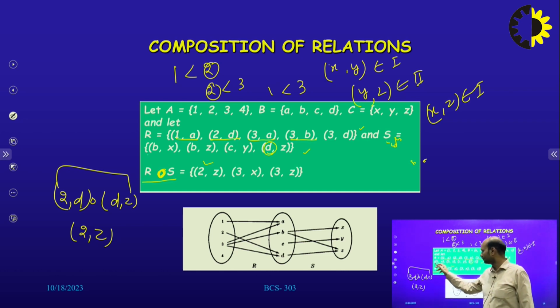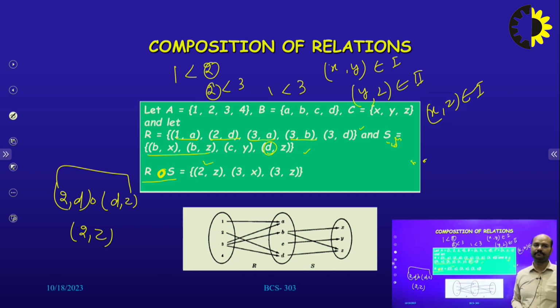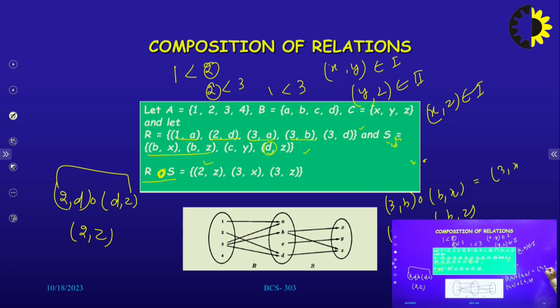Here we have two ordered pairs which start with B, so we compose with both: (3, B) with (B, X), and (3, B) with (B, Z). The output is the first element of the first pair and the last element of the second pair, that is (3, X) and (3, Z).